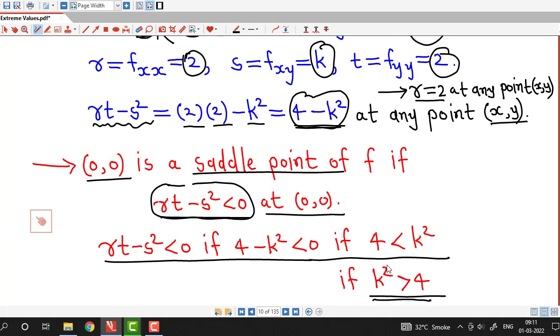If the value of k² is greater than 4, then (0,0) is a saddle point of the given function.